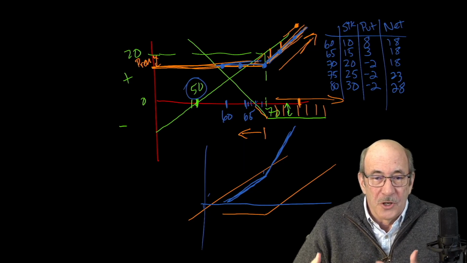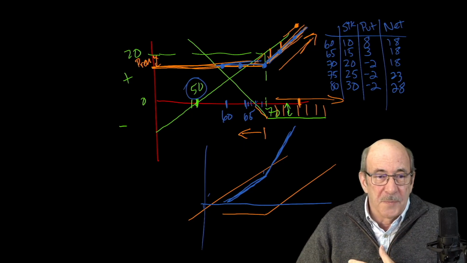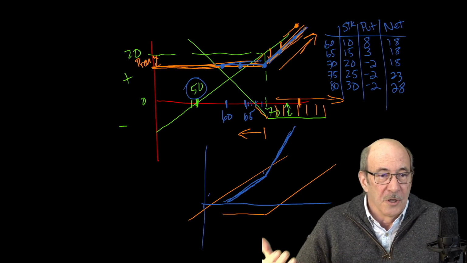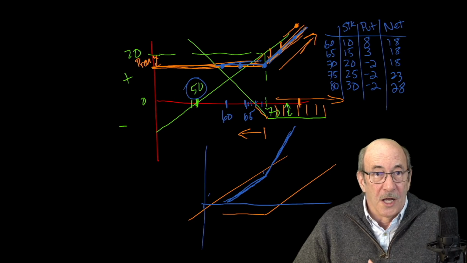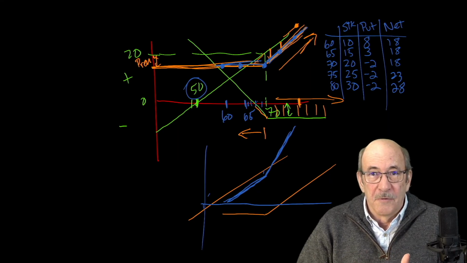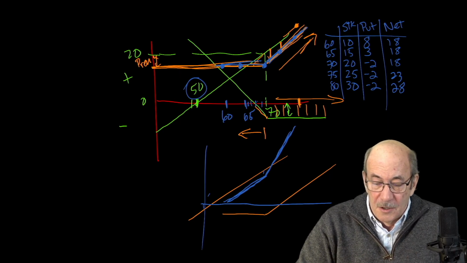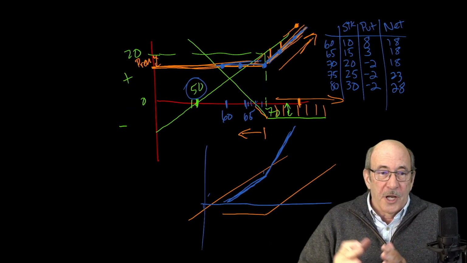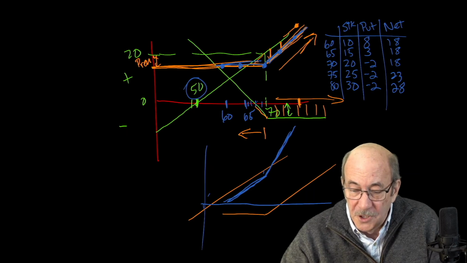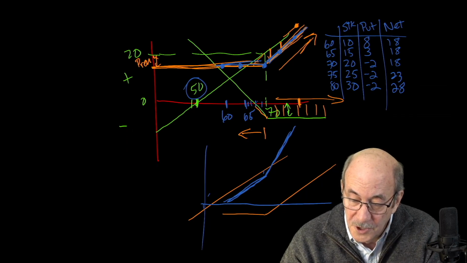And you can do this with any number of options, stocks, short, long positions. You can set them up so you can have more columns in there. And remember, the key is that you just want to net them out at the end of the day. You want to net across all the columns, except this first one, this current stock price.